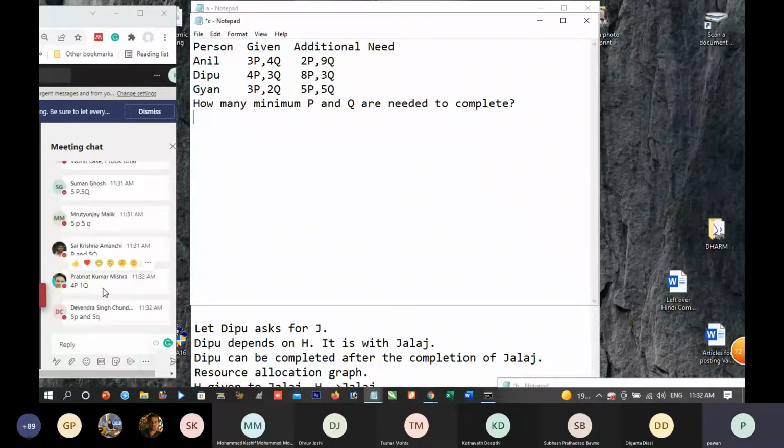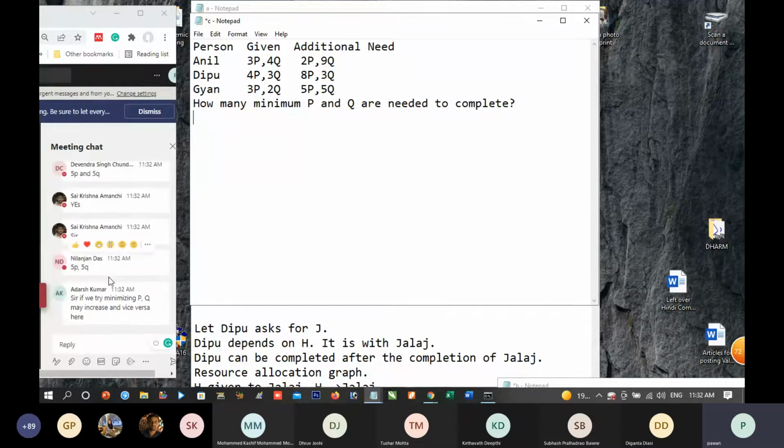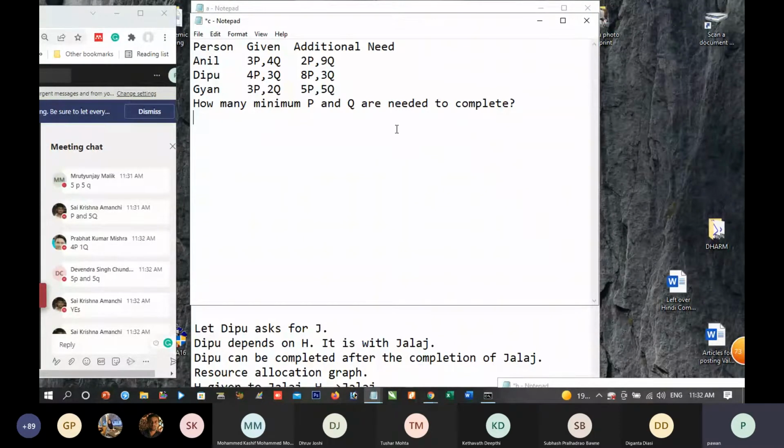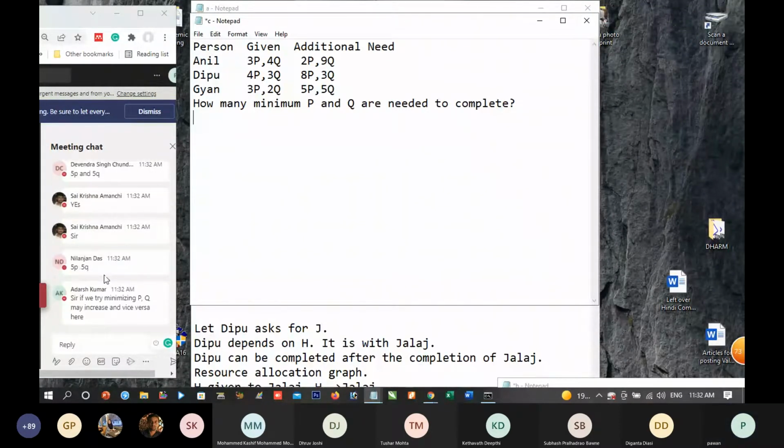Prabhat is wrong. Suppose we have 4P and 1Q at present. Then with 4P and 1Q, we cannot do any one of them. Prabhat is 100% wrong. Sai Krishna is wrong in that case. With 1P and 5Q, nothing can be done. Is it correct?